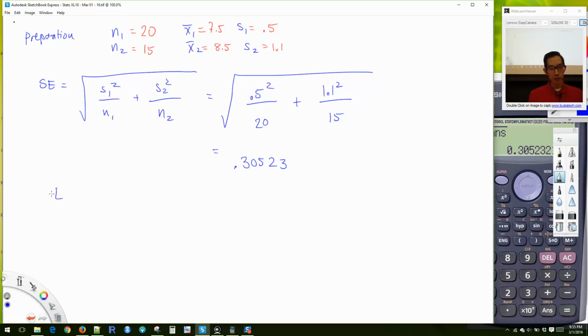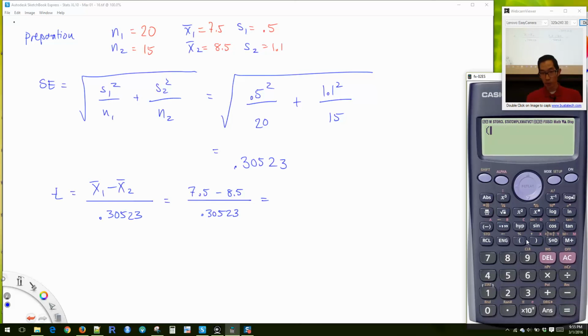Our test statistic T is X bar 1 minus X bar 2, divided by our standard error, 0.30523. So in the numerator, I'm going to have 7.5 minus 8.5, divided by, I'm going to hit the answer button to plug in what we had previously.